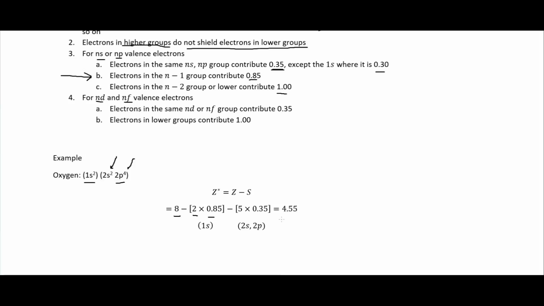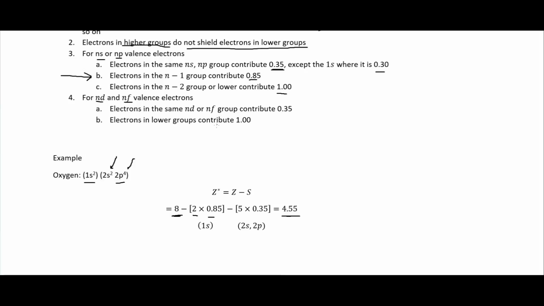And so it ends up being a total of 4.55. So there are 8 protons in the nucleus, but a 2p electron is only feeling the force, or the potential, of about 4.55 protons because of the other electrons shielding it.